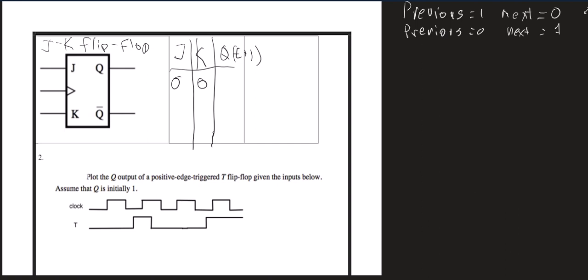So it depends on both the J and K inputs. So if both J and K are 0, then it's Q of T, so unchanged. So J equals 0, K equals 0, no change.